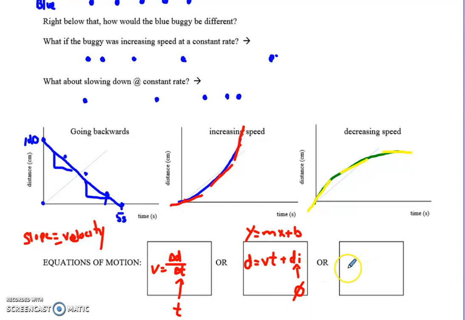And I'll leave this up to you, but basically if you take this original equation, solve this for d, you'll notice that you get this expression right here, without having this initial distance.